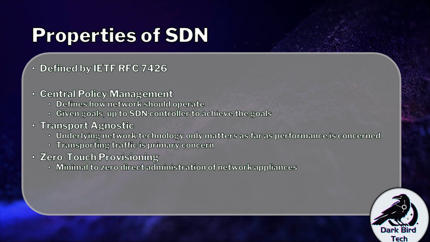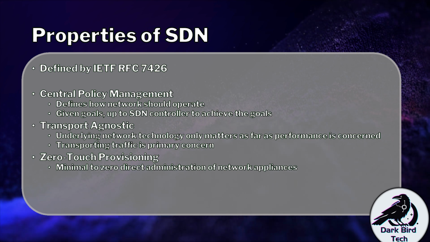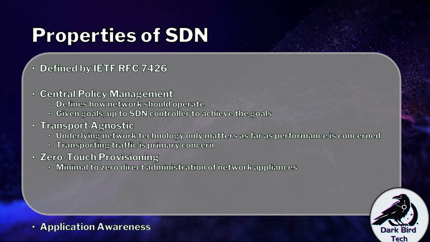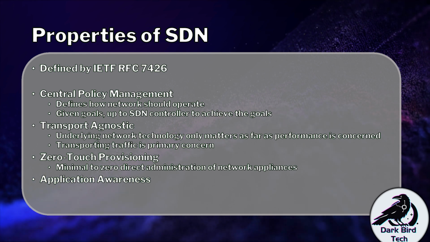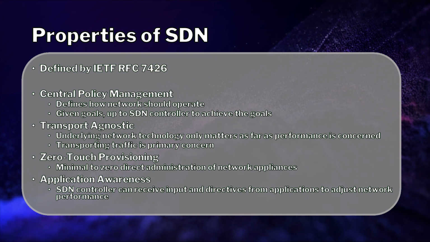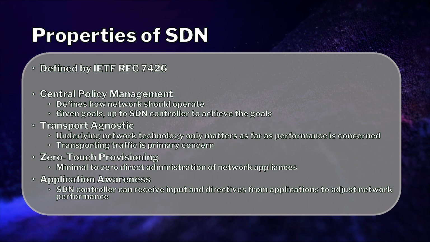But once enrolled by an SDN server, zero direct administration has to be done on the appliance, which means network management can be done centrally from head office or something like that. And as I've been saying, or at least alluding to, it is application aware. The SDN controller can receive input and directives from the applications themselves to adjust the network performance, in addition to us administrators telling it, I want this service to perform like this, that service to perform like that.